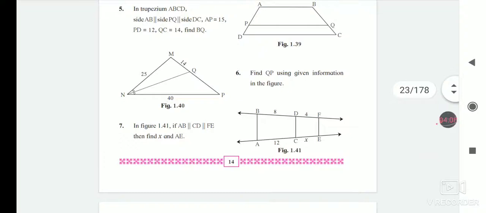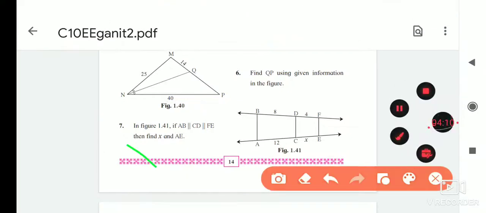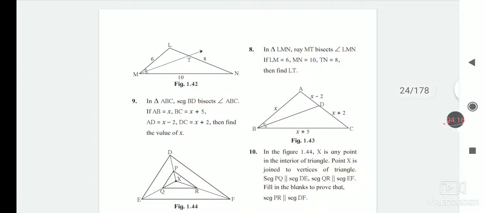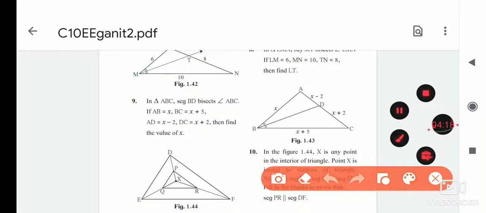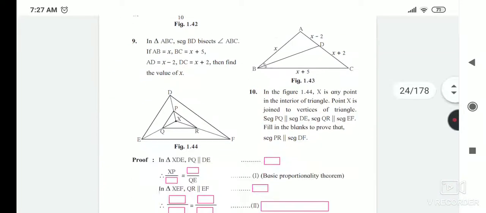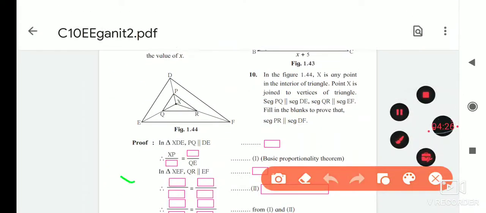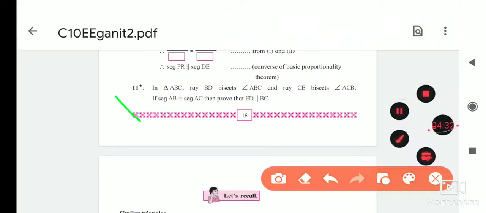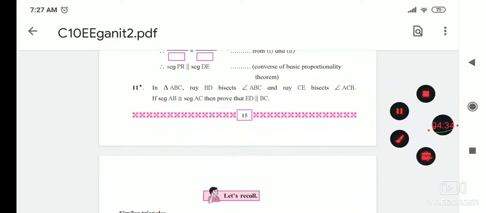Then the 7th is based on the three parallel lines property and angle bisector property, so this was also deducted. Then on page number 15, the 8th question was not there for the exam, the 9th was not there for the exam, the 10th is there for the exam. So you have to study these questions. After that, question number 11 was also cut from the syllabus.